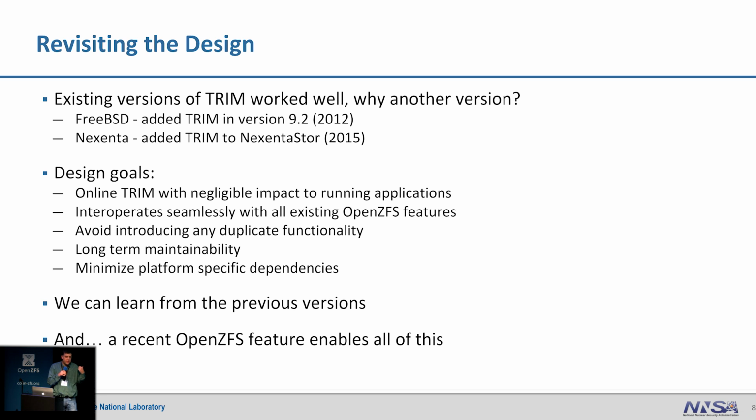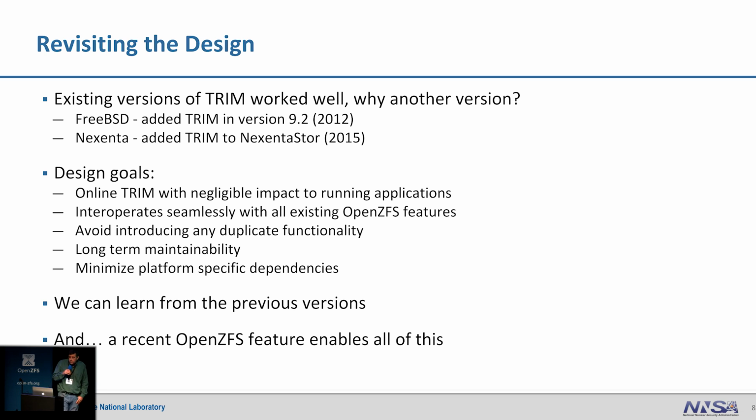You may have noticed that new features have been added to ZFS at a pretty steady clip, and one of the things we pride ourselves on is having all of those features work really well together. So porting one of the previous versions of trim was easier said than done, because you couldn't pick up the old code exactly as it is and add it in. You'd have to adapt it to work with all the new functionality that was in ZFS. So we wanted to make sure whatever was done here worked cleanly with everything.